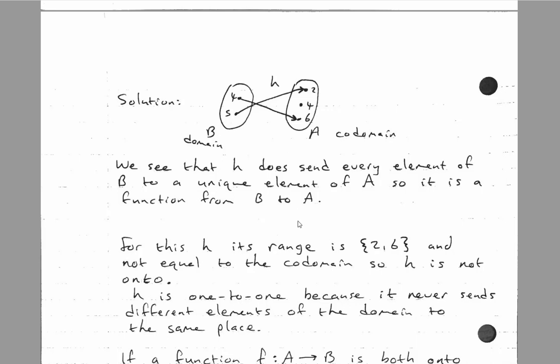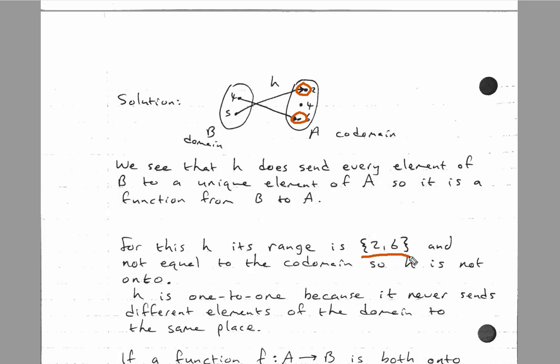Okay, the range of h, yeah, so those are the elements in the codomain that get hit by something coming from the domain. Okay, so 2 is in the range, and 6 is in the range, but 4 is not in the range.